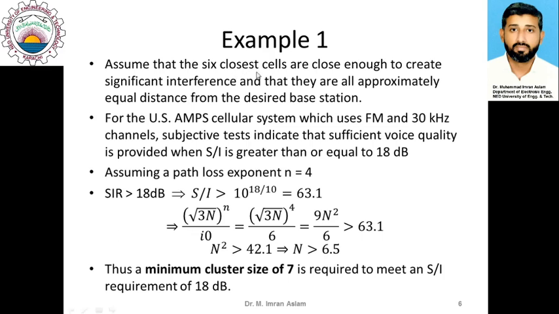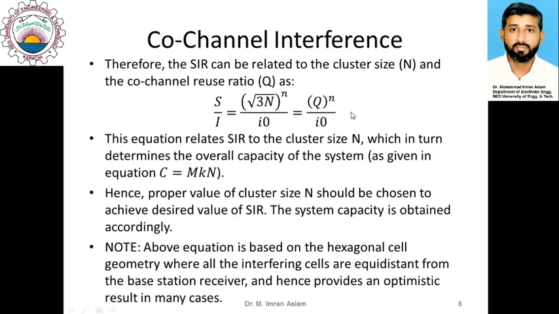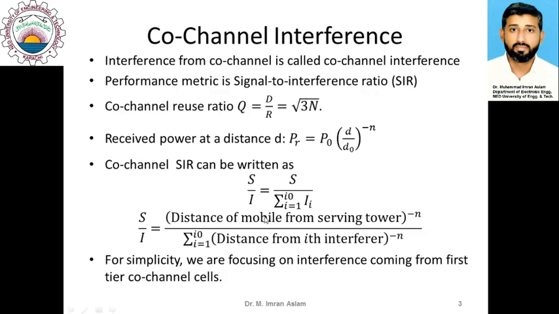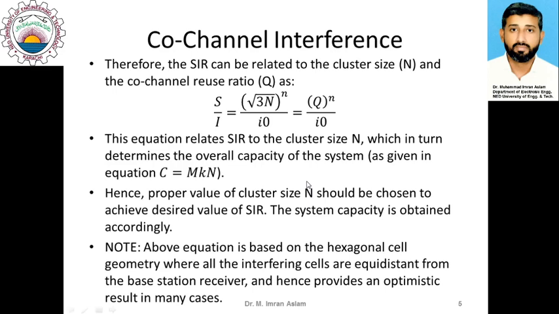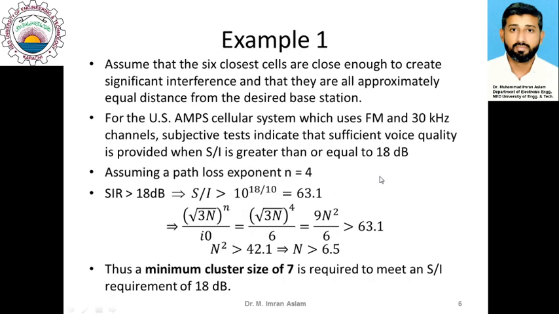So we have 6 closest cells close enough to create a significant interference, that they are approximately at equal distances from the desired base station. So we are referring to this assumption that we have made to derive this expression, so I0 is actually 6 because we have 6 co-channel cell interferers which are significant enough to produce a significant amount of interference.